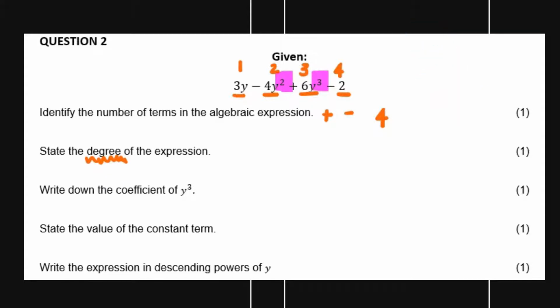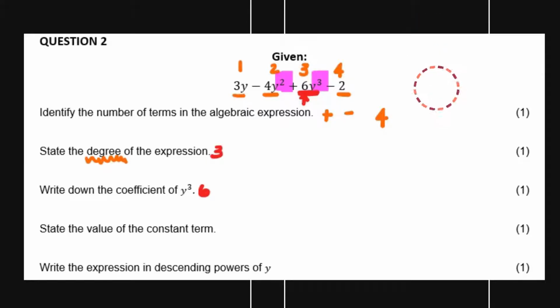Therefore, the degree of this expression is 3. When we get to question 3, it says, write down the coefficient of y cubed. If we look at y cubed, we see that the numerical coefficient in front of it is the number 6. Therefore, this answer would be 6.